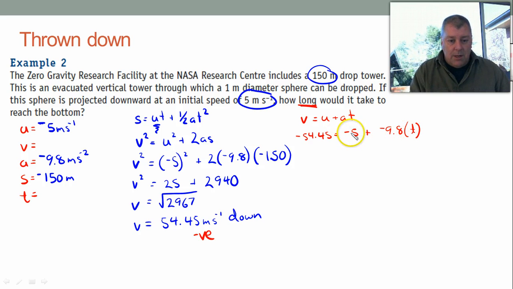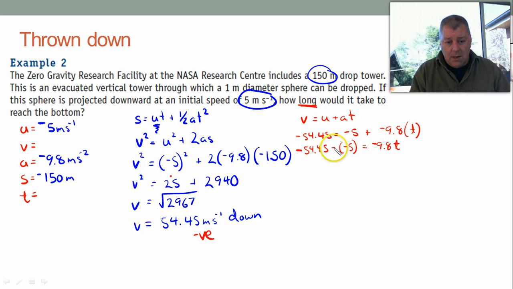So the opposite to minus 5 is adding it. 54.45 minus 5 equals minus 9.8 t.